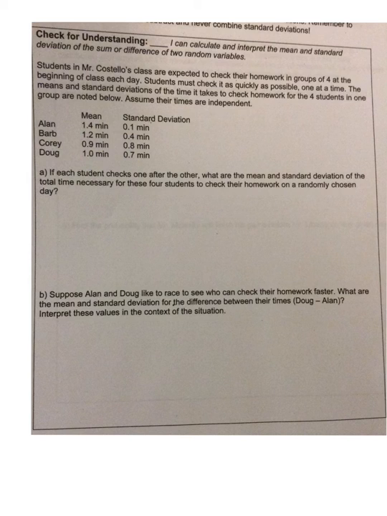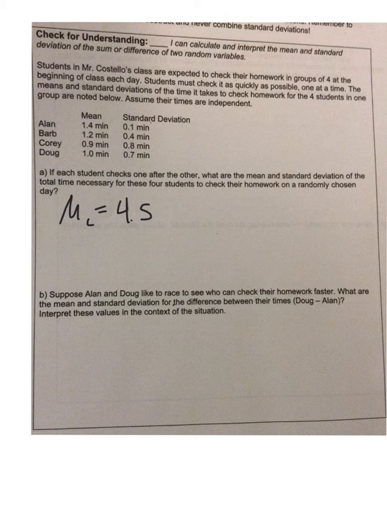So let me do that. I'll just use C for the combined average, not for Corey, but 4.5 minutes should be the average for all of them to check their homework.